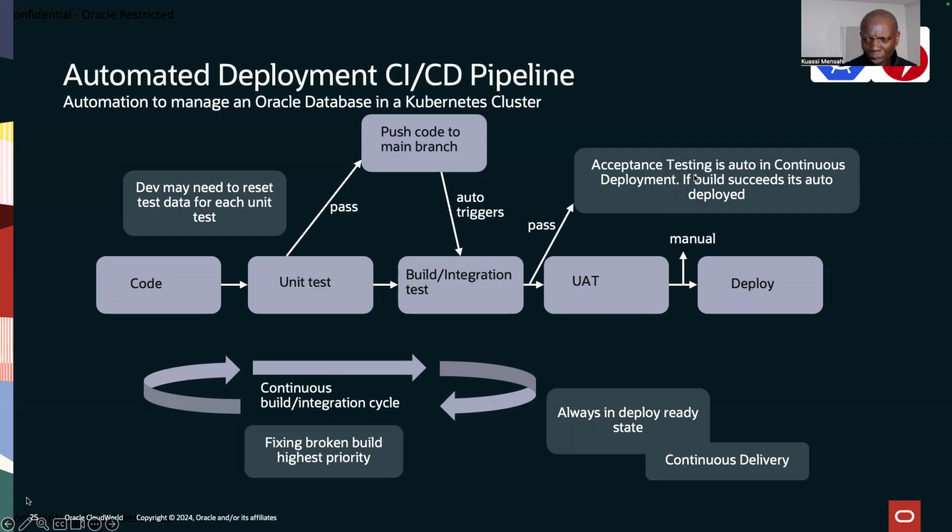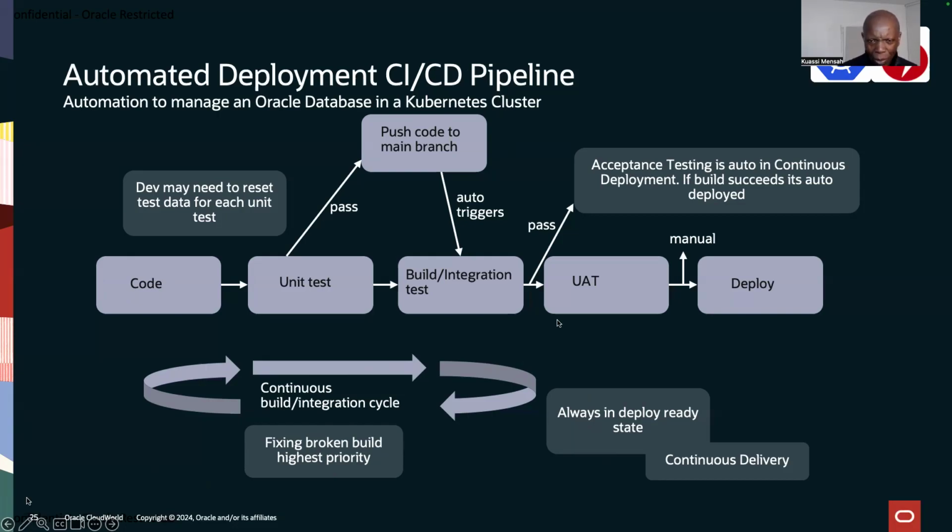If the build succeeds, it is automatically deployed. If not, you have to do some manual step to fix the issue. So the idea is that in this continuous build integration loop, you fix a broken build as the highest priority. That's continuous delivery and deployment, the famous CI/CD.